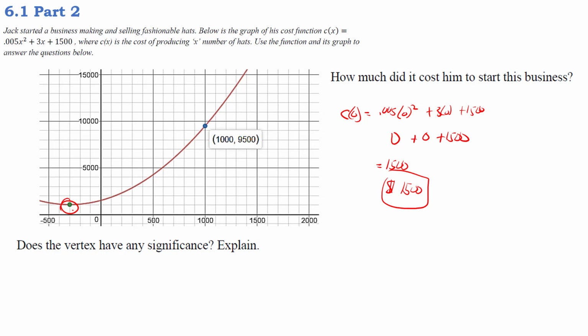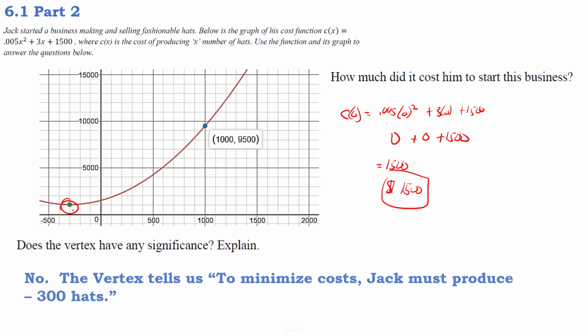So to make negative 300 hats costs 1,000. So does it make any sense? No. The vertex tells us to minimize cost. So Jack produces negative 300 hats for $1,000? No, you don't want to start there. You'd want to start with 0 hats for $1,500.